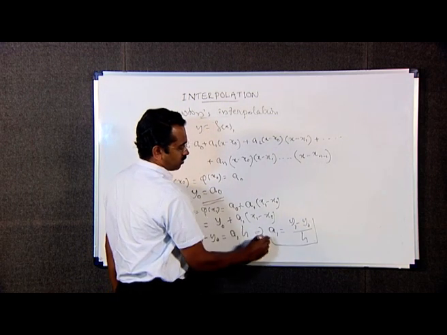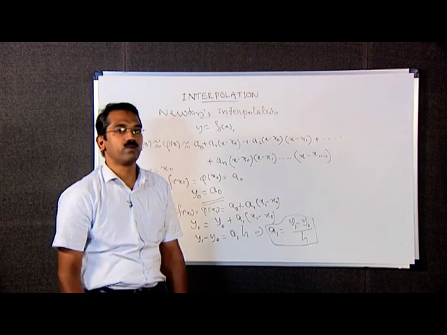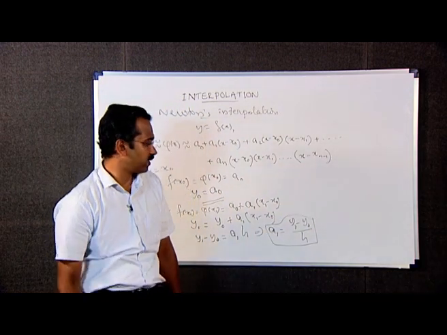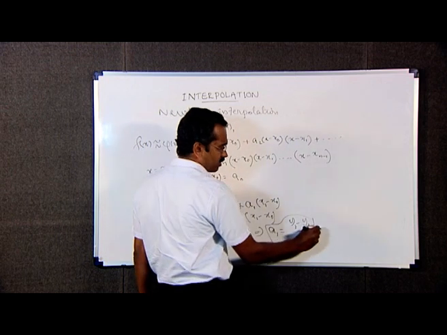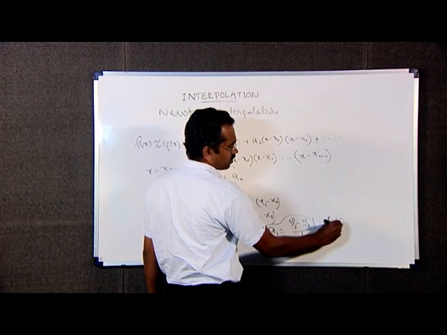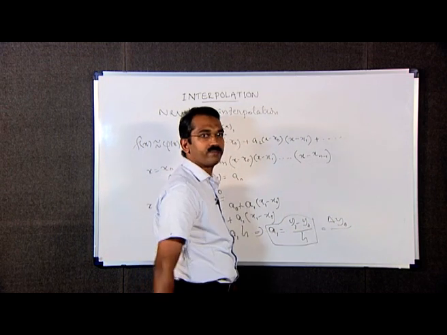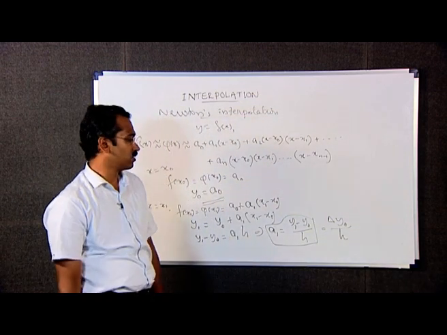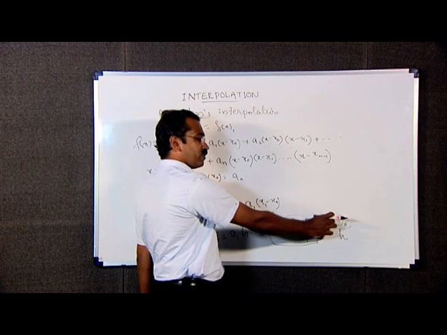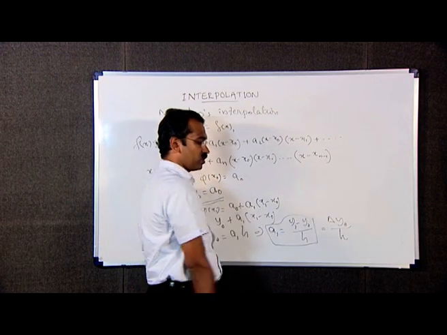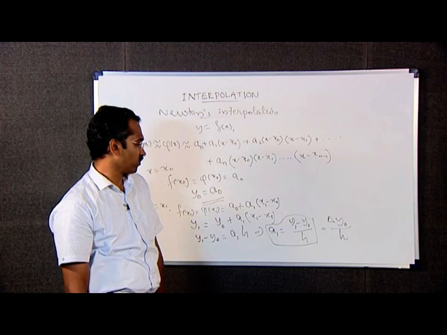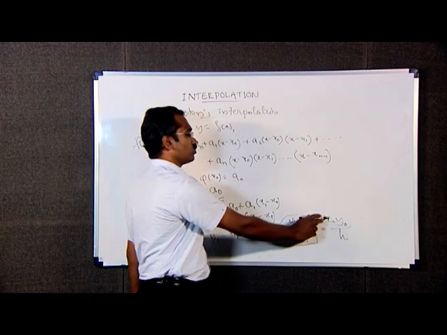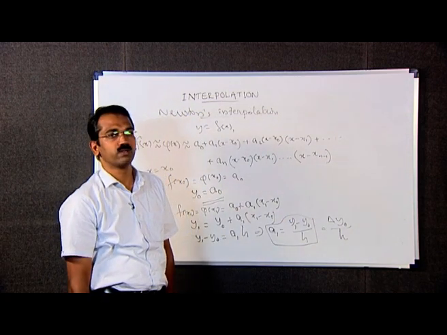The value of constant a1 is y1 minus y naught divided by h, which can be written as delta y naught divided by h. Delta means the forward difference operator. In terms of forward difference operator, we can write y1 minus y naught equal to delta y naught. That is a1 is equal to delta y naught divided by h.